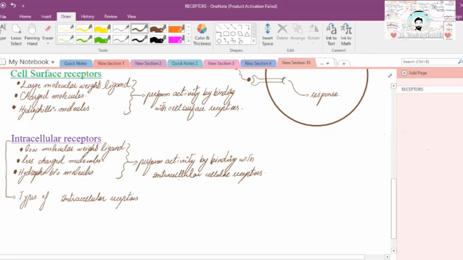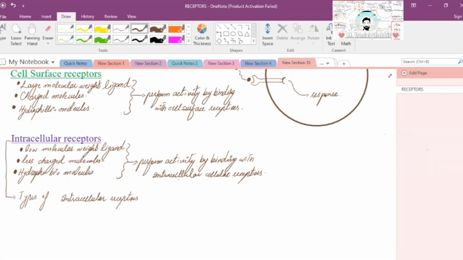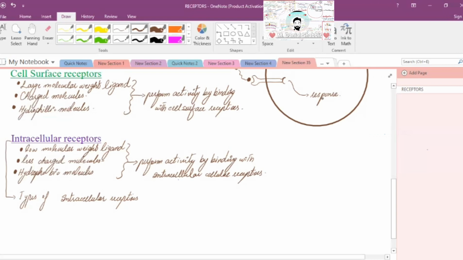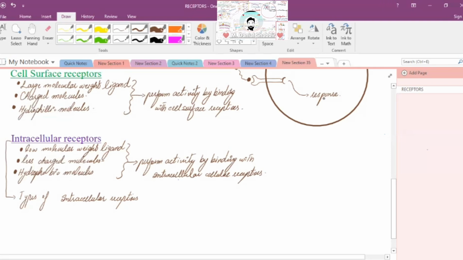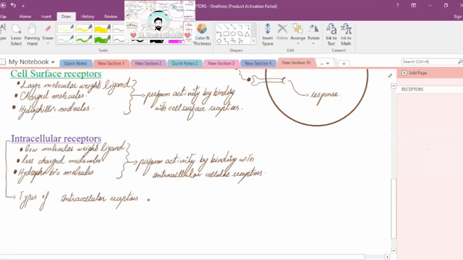Intracellular means these receptors are inside the boundary of the cell, and you people know that in the cellular boundary there are two compartments, or you can say there is an inside compartment, and that inside compartment is distributed into different segments. Like I have told you people in the anatomy section, the protoplasm, the endoplasm, the ectoplasm, the cytosol, right? Okay, so these are the different intracellular portions of the cell.